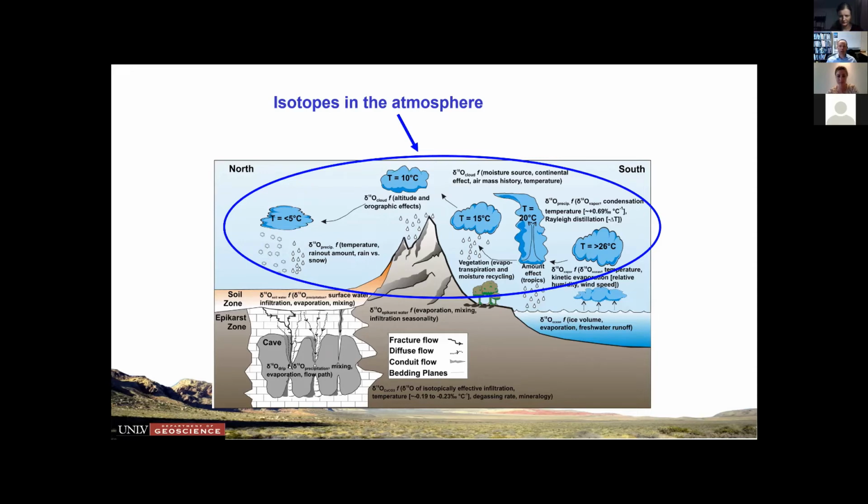You get lower and lower delta 18O values as you go from the tropics inland. Okay, so where your cave is relative to these different locations matters for which of these so-called isotopic effects are most important.